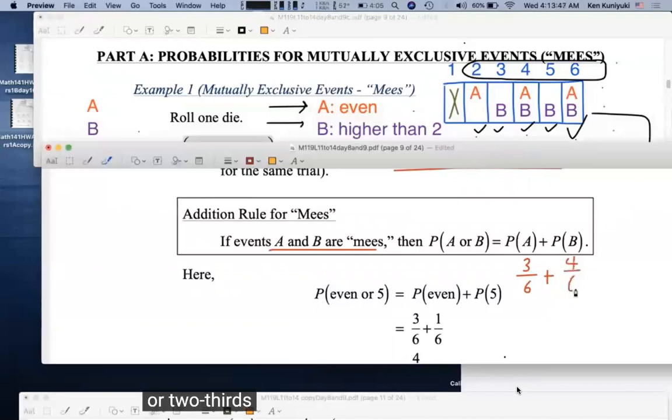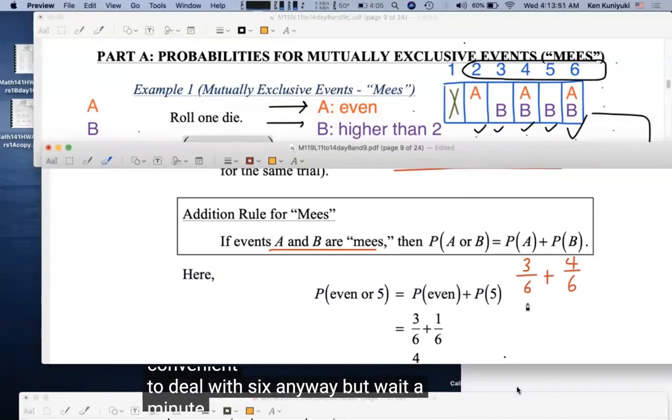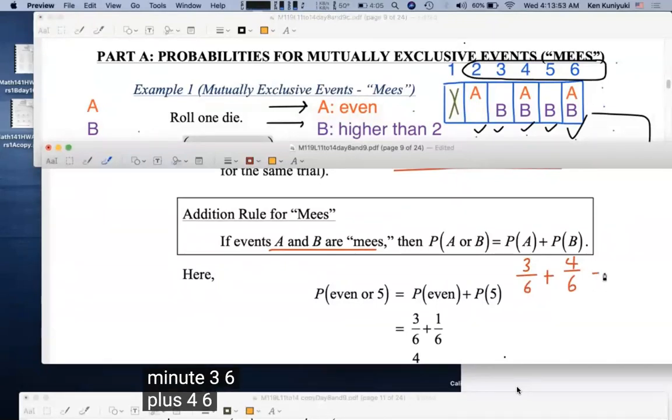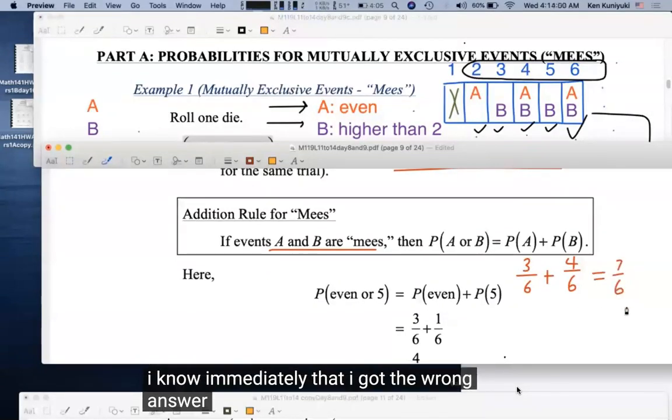It turns out to be more convenient to deal with 6ths anyway. But wait a minute, 3/6 plus 4/6 is 7/6. I know immediately that I got the wrong answer.